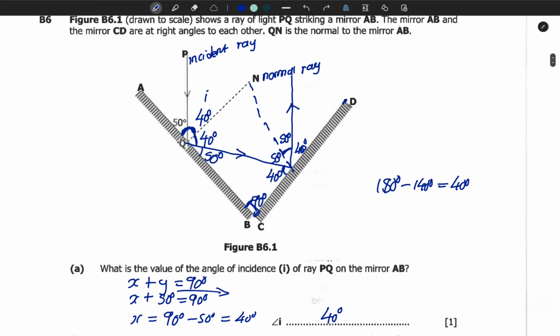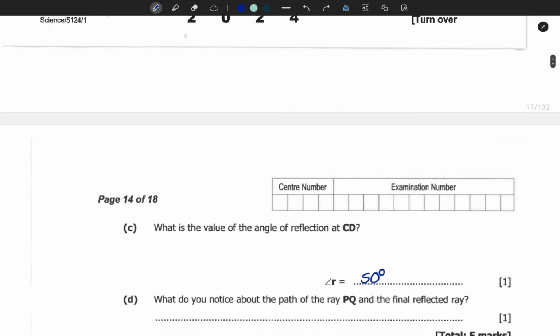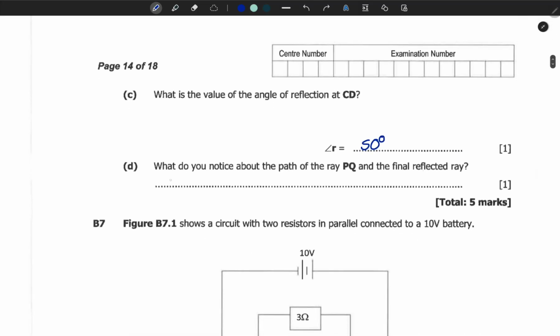So PQ, the two lines are parallel to each other, but opposite in direction.